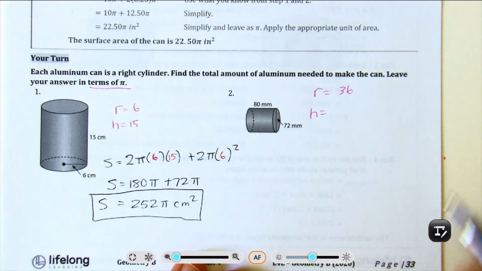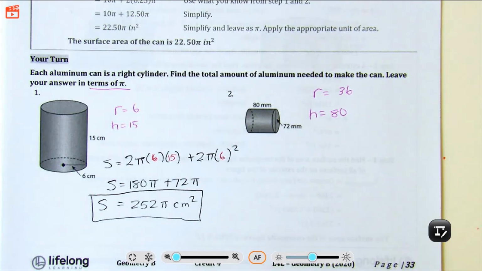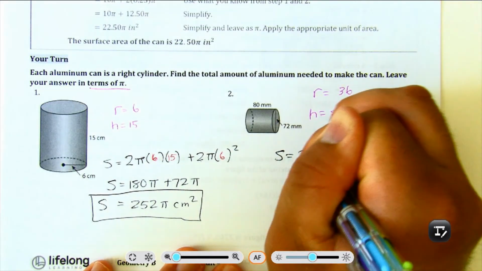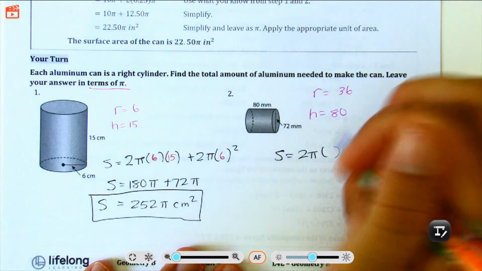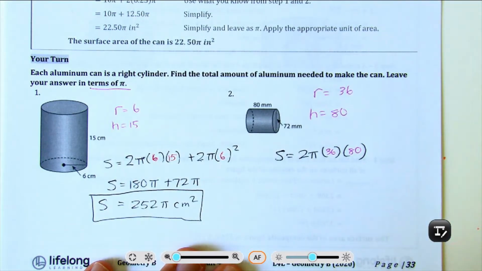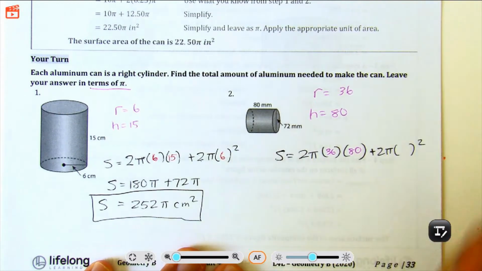Same formula, different numbers. We're going to have S equals 2 pi rh, so 36 times 80, plus 2 pi r squared, and we're going to put in 36 there.